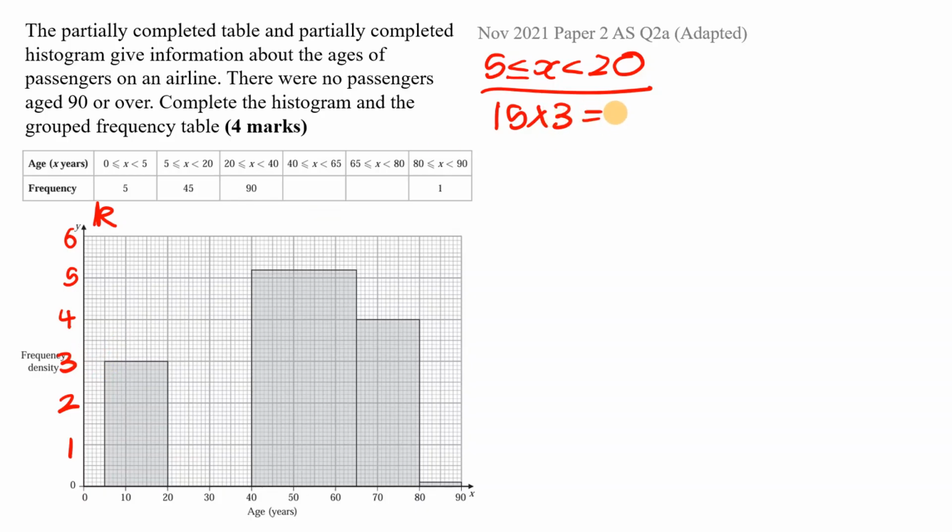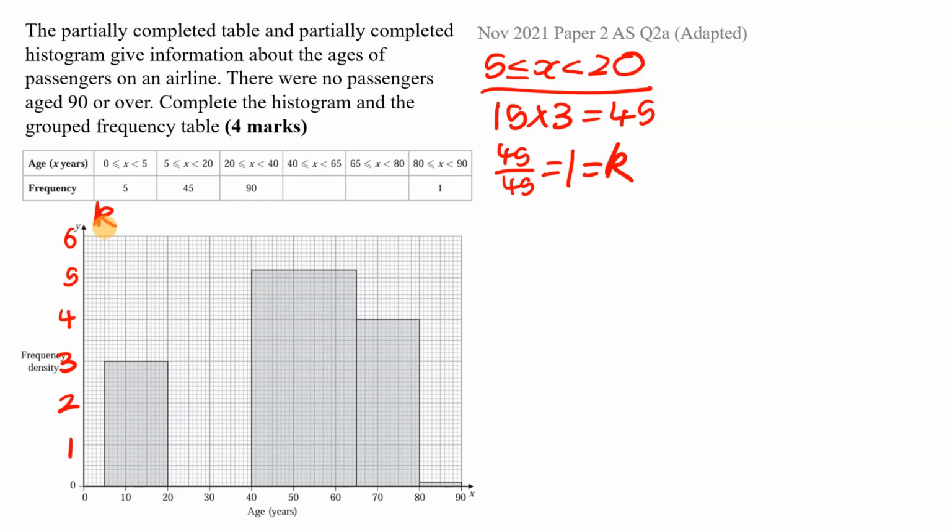So 15 times 3 is equal to 45, and we can see that the frequency is also 45. So 45 divided by 45 is equal to 1. So this is the scaling factor. This is actually an example where the area is equal to the frequency, and this is quite nice because it makes the question a bit easier to work with. Once again though, depending on how you label the frequency density y-axis, the k value could be different.